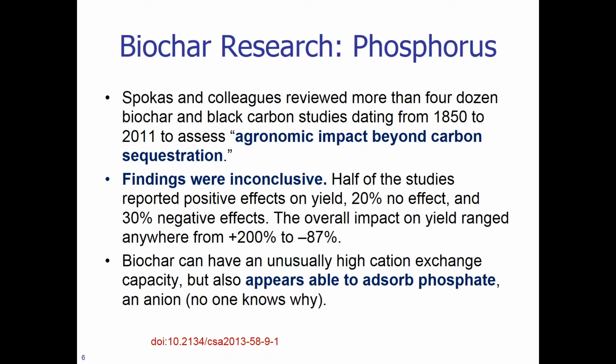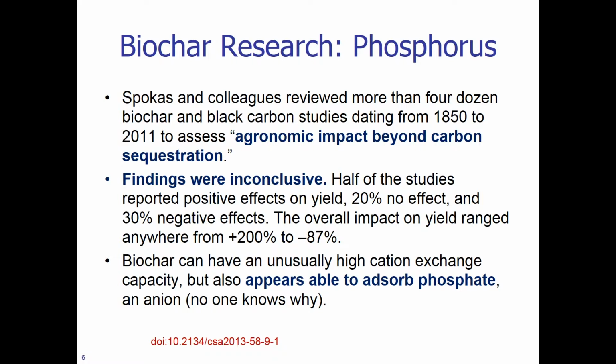Biochar is known to be nutrient-rich, not only for major nutrients but also for micronutrients. Now, Spokas and his colleagues looked into more than 4 dozen biochar and black carbon studies dating from 1850 to 2011 to assess the agronomic impact beyond carbon sequestration.